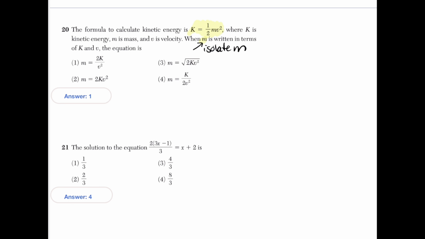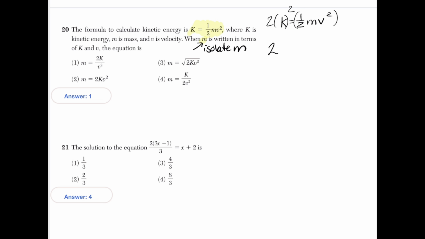for m. So let's kick off this bad boy. And first thing I notice is I don't want to deal with this 1/2. It makes it a little bit more complicated. So I'm going to multiply both expressions by 2, because I want to simplify that 1/2.